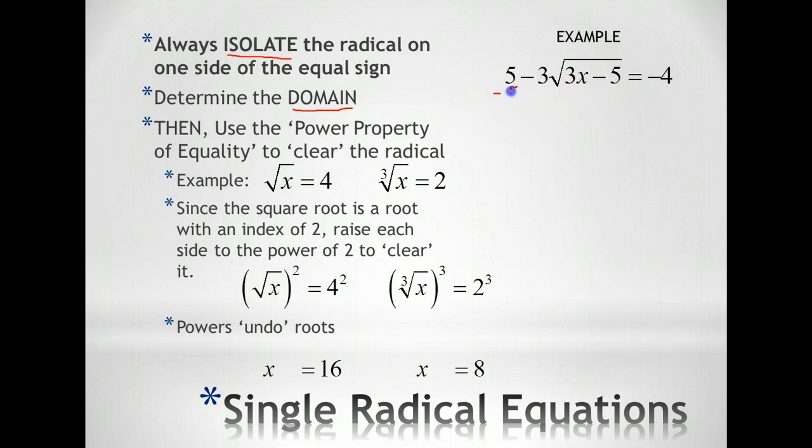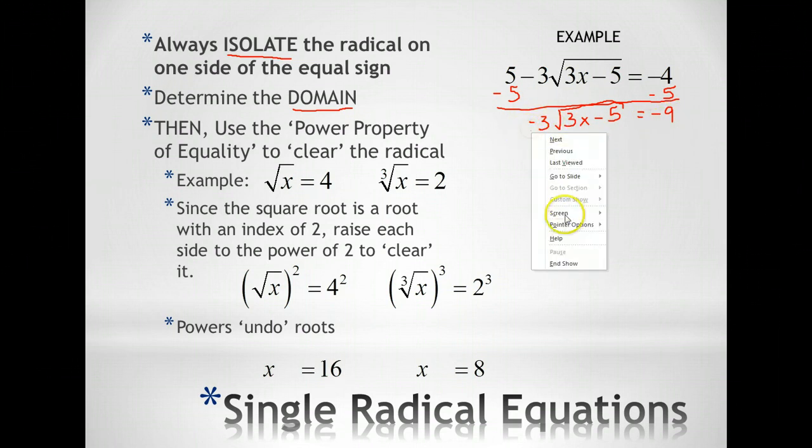So the first thing I'm going to do is move the 5 to the other side of the equal sign. So I get negative 3 square root 3x minus 5, here's my radical, equals negative 9. Now a radical can't equal a negative number, but don't worry because we still have to clear this coefficient.